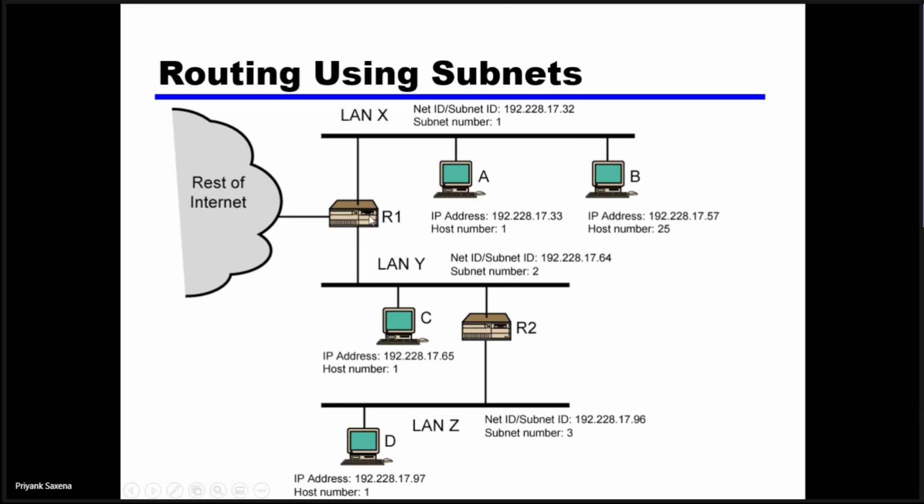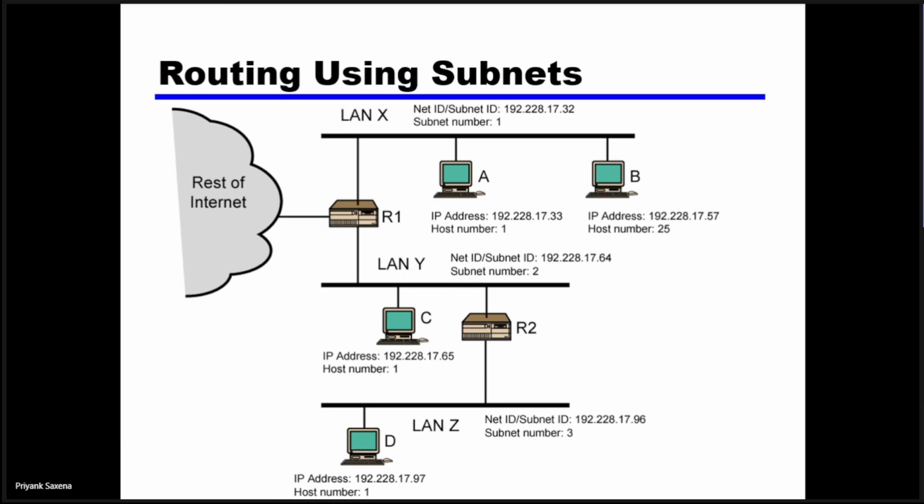You can see here the configuration. This is the network, this is the subnetwork, and from the outside a packet arrives at this router. You can see there is a net ID and a subnet ID. This packet arrives with the address 192.228.17.32. How will it reach the correct host?